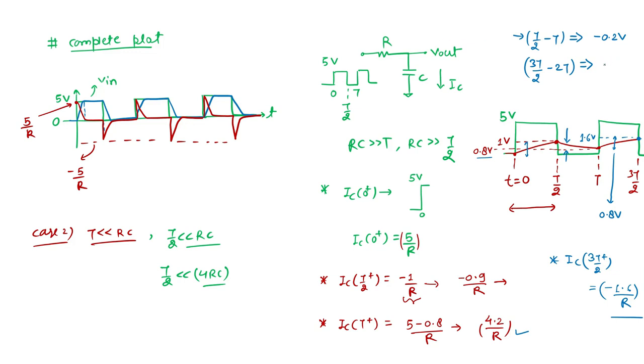So let me say it is minus 0.4. I'm just taking the number so that you can have the idea. So minus 0.4 simply means from 1.6 it should reach 1.2 volt.